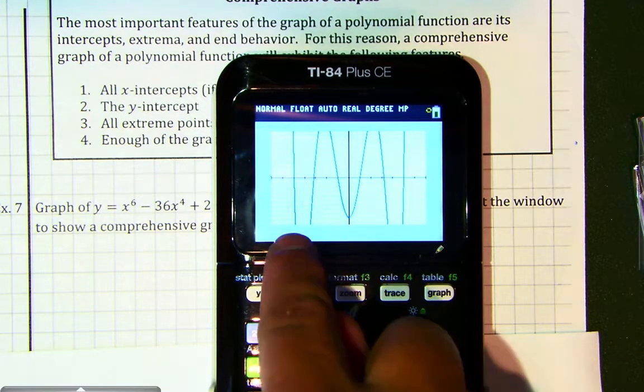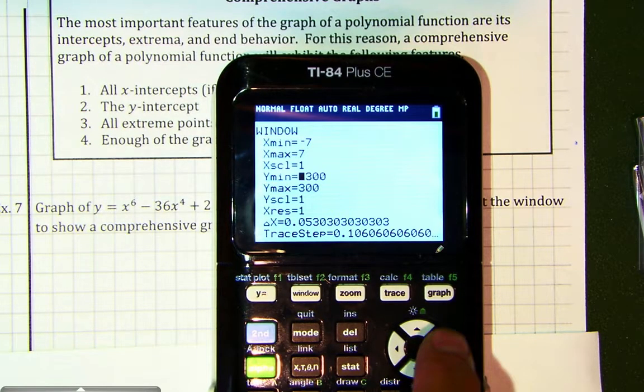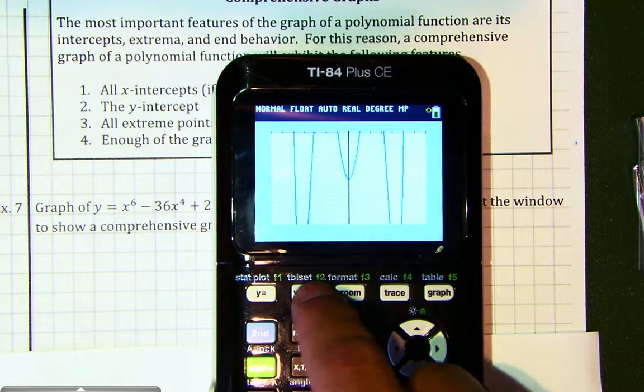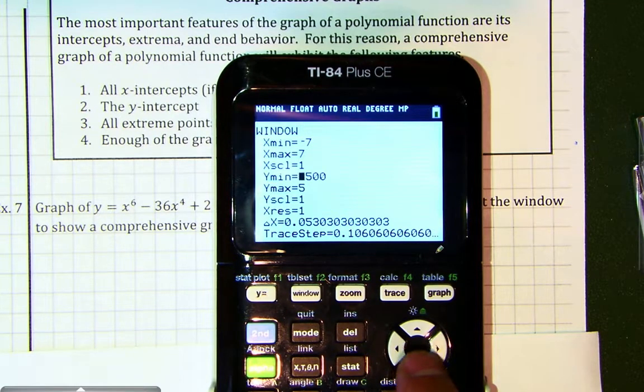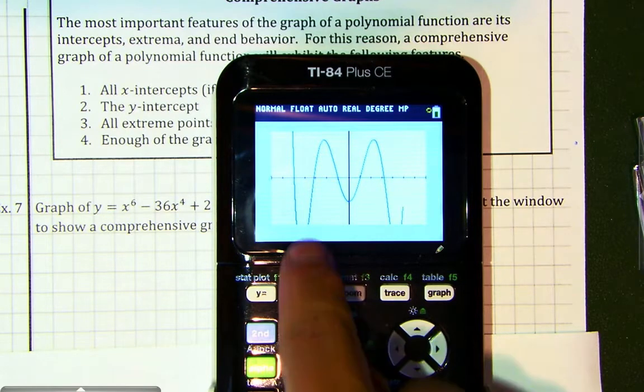I cannot see those local minimums and maximums. So let's say 500. Let's try once again, 500. Still not good. Almost there. So let's do 600. I just need to see those two.